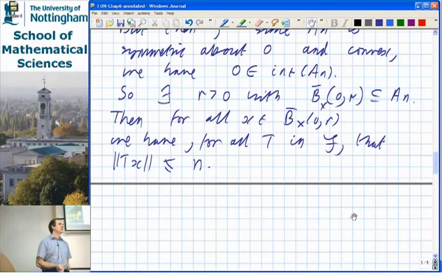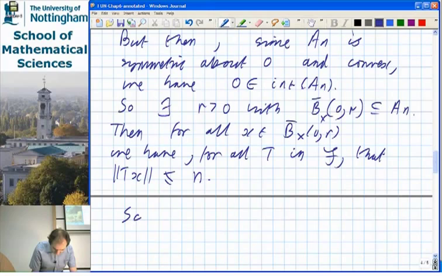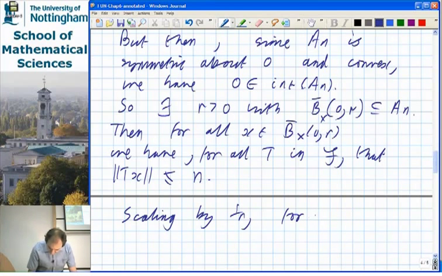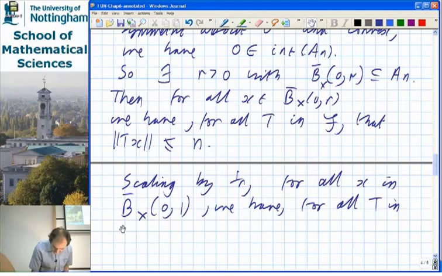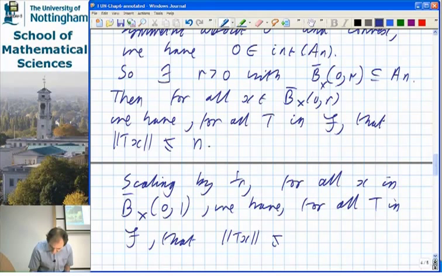So we've got to scale everything up. We'll scale by a factor 1 over R. So scaling by 1 over R, for all x in the ball in X centered at 0 radius 1, the closed unit ball, we have for all T in F that the norm of Tx is at most n over R.